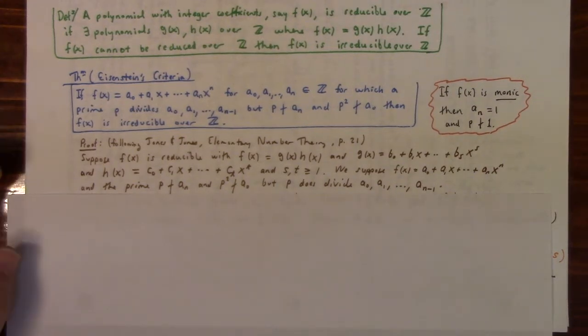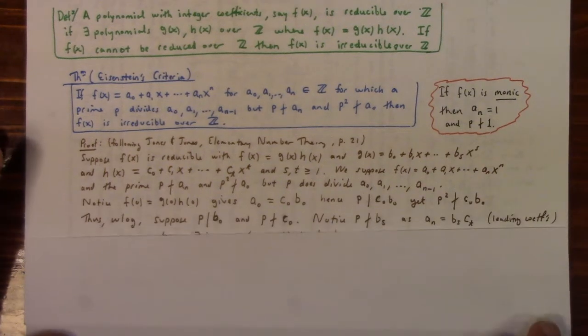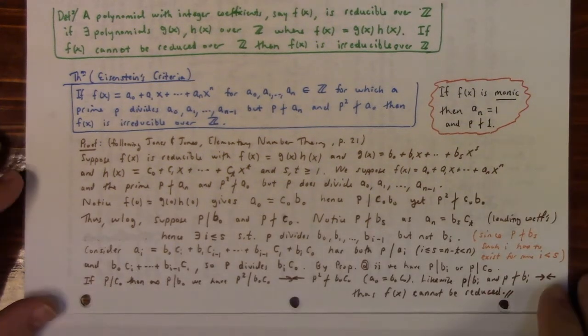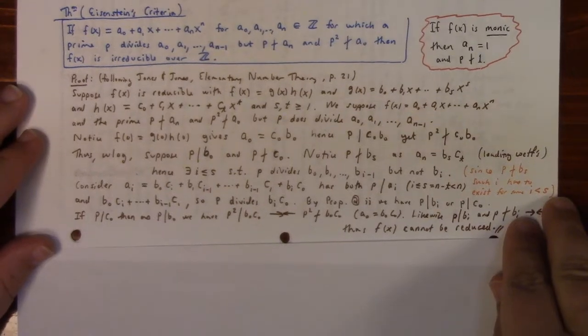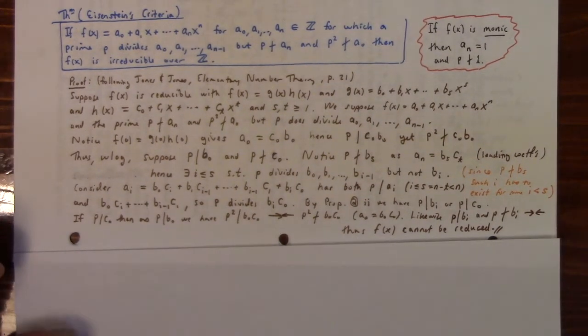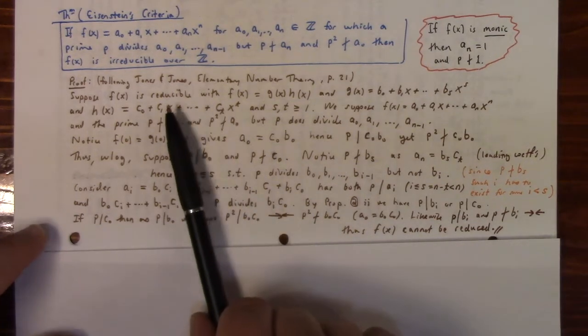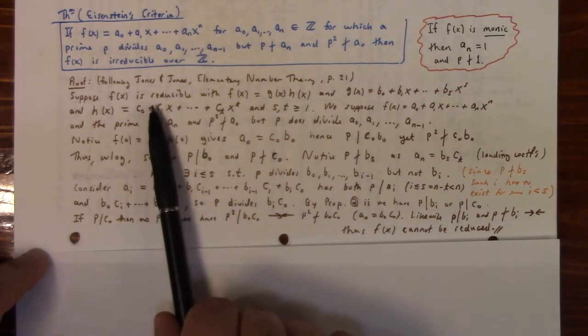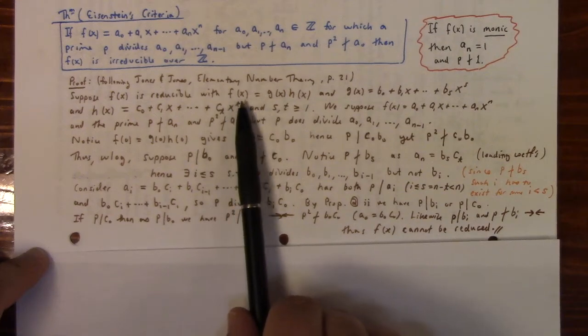So here's the proof, and let me make sure it's all visible here. Let me try to talk through it. What we do is suppose that there's a reduction of f of x.